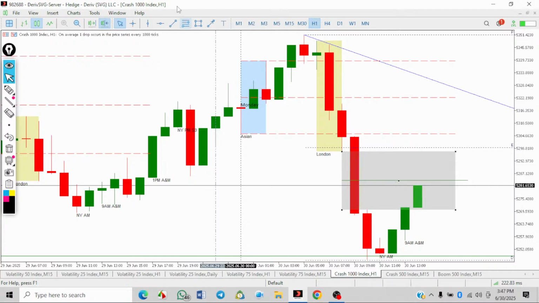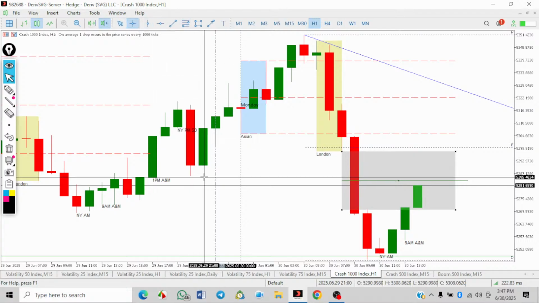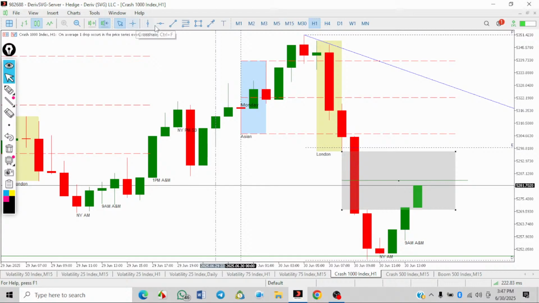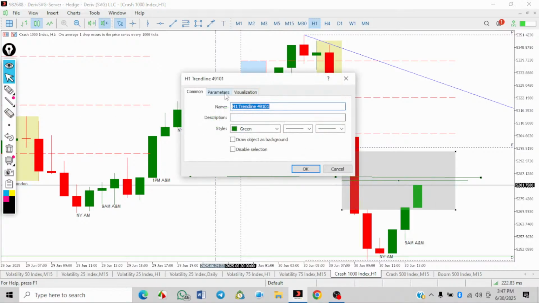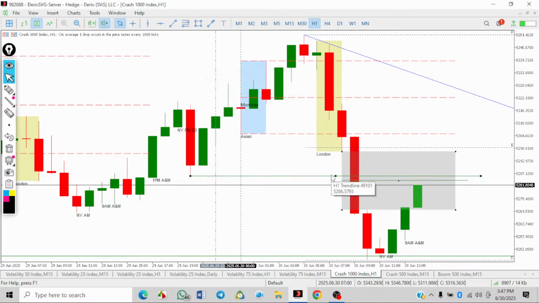So at that 50% of this fair value gap, look at this old low. That might be a reaction point.